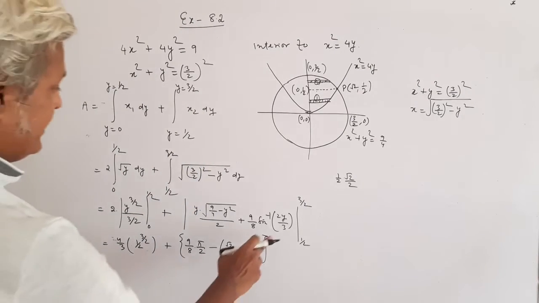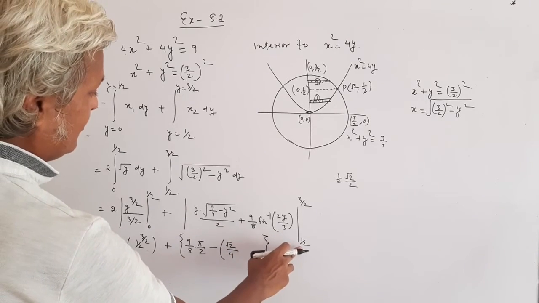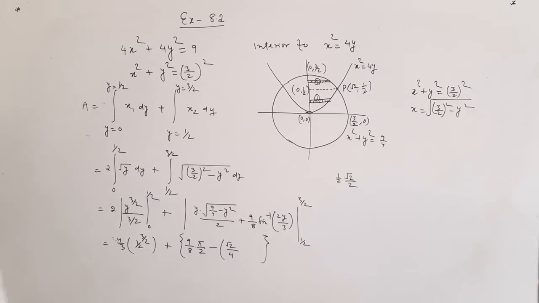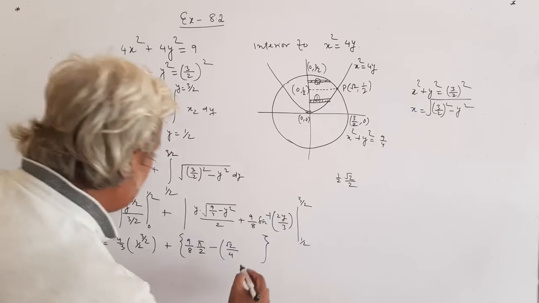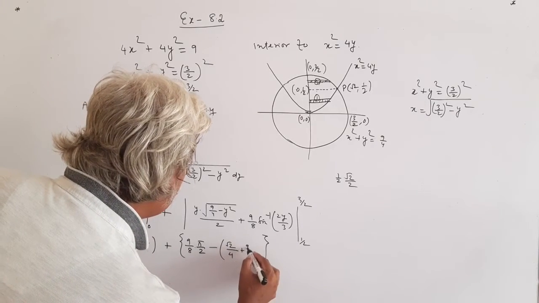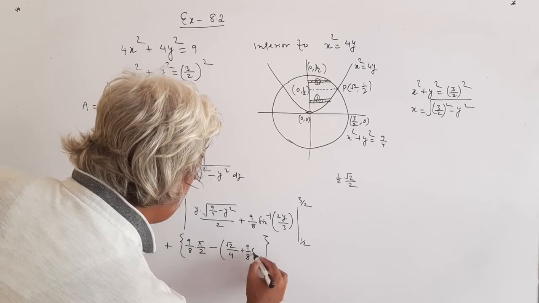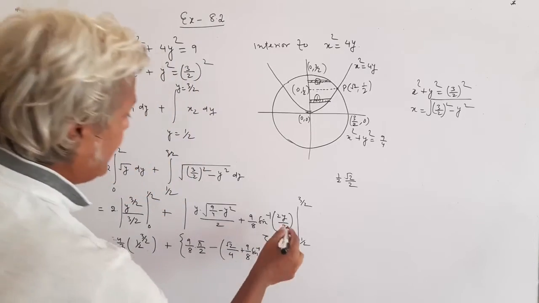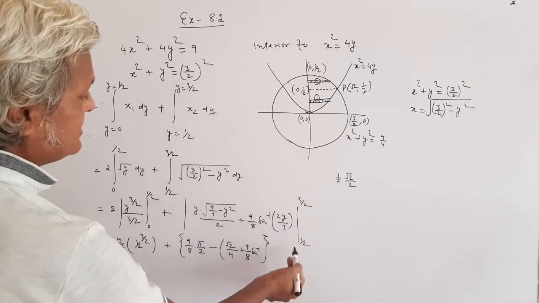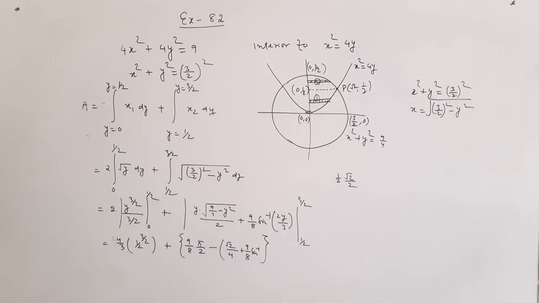And here if you put the value of y as half, then here you get plus 9/8 sine inverse y is half, means 2y is 1. This is 1/3.